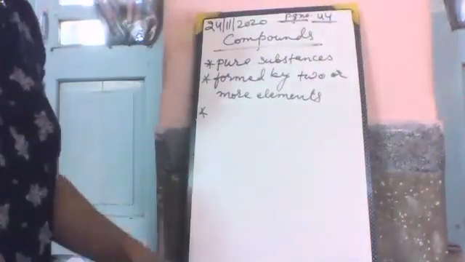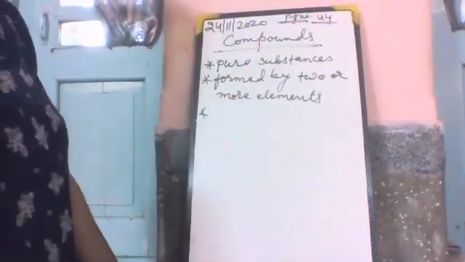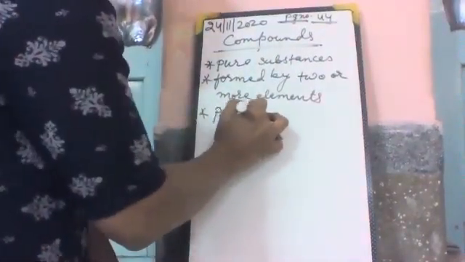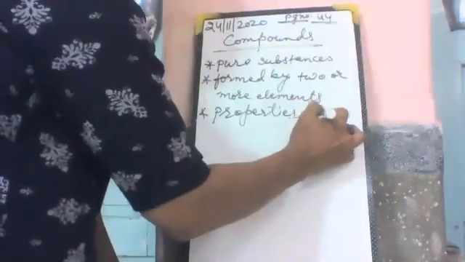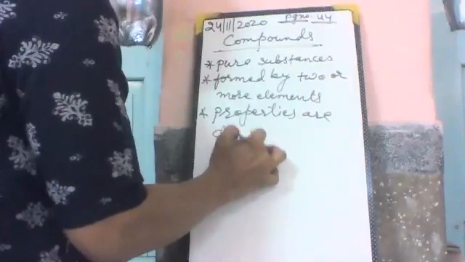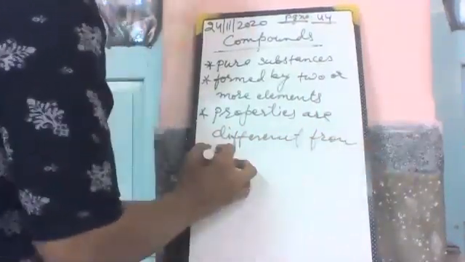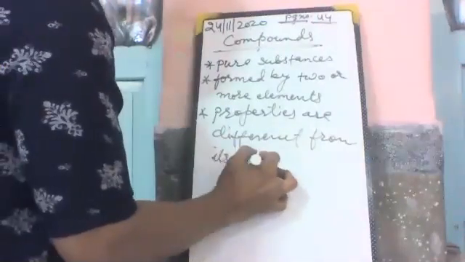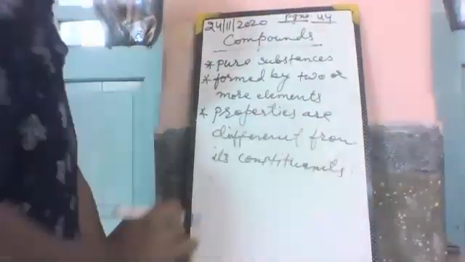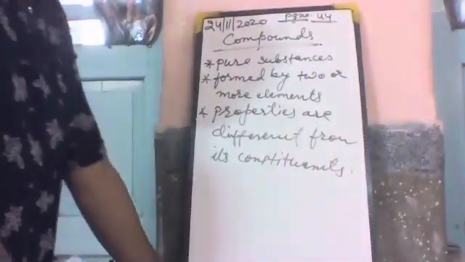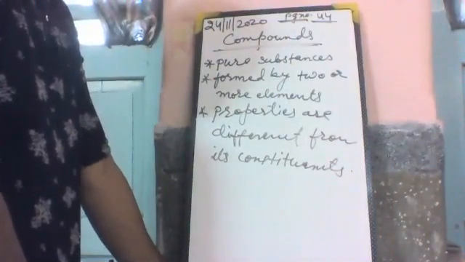Then a compound can have properties different from its constituents. The properties are different from its constituents. Right? These constituents can be separated only by chemical means.